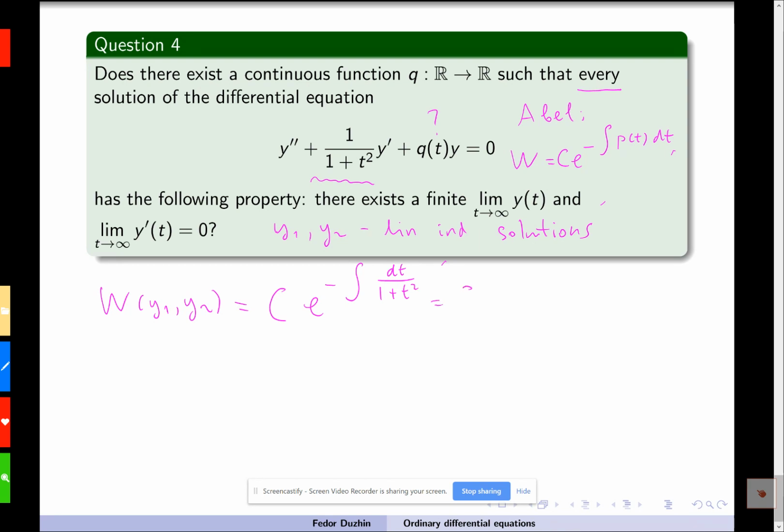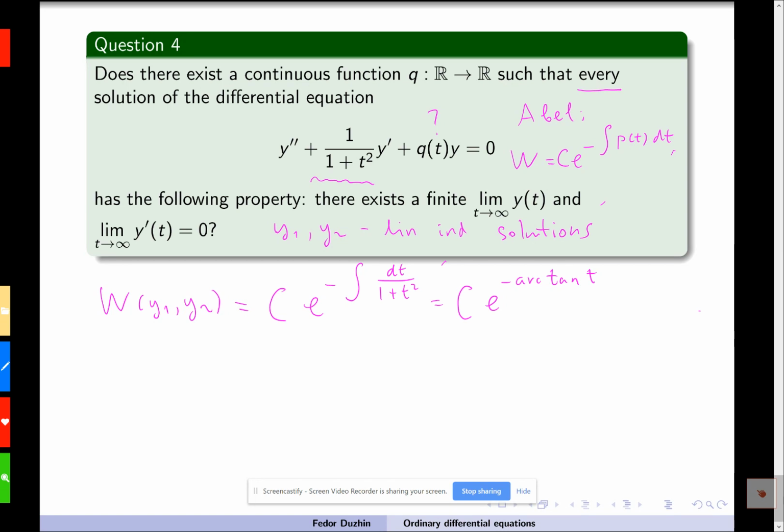The antiderivative of 1 over 1 plus t squared is inverse tangent, so this is e to the power minus arctangent t. So if such a differential equation existed, then the Wronskian of any two solutions would be some constant times e to the power minus arctangent of t.